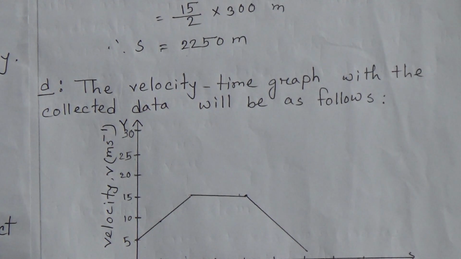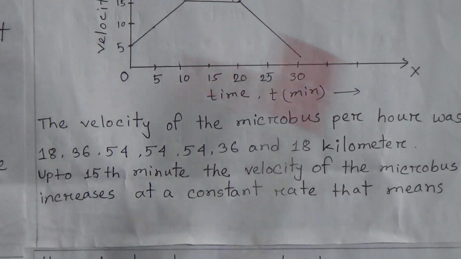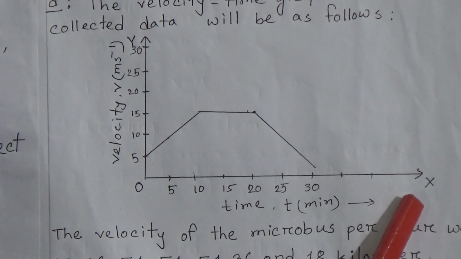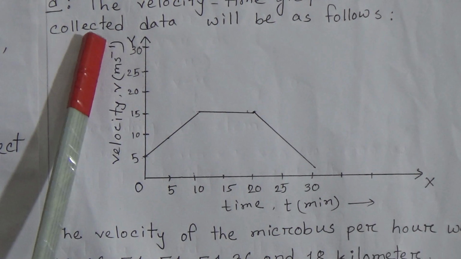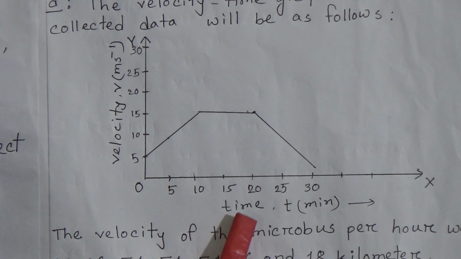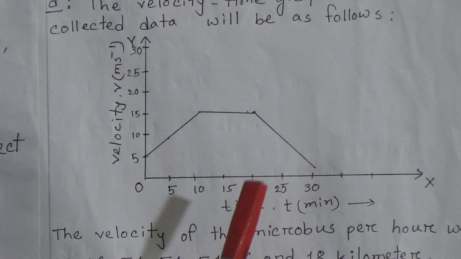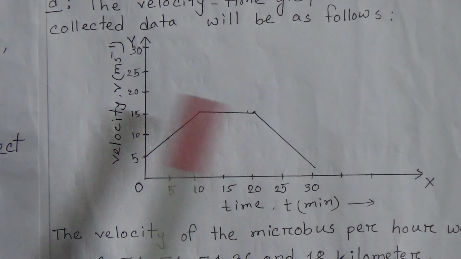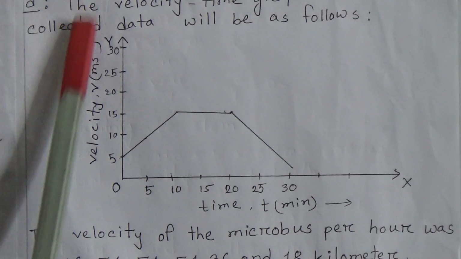Here I have already drawn this graph. This is x-axis, this is y-axis. The x-axis is called abscissa and the y-axis is called ordinate. Always we will take time taken in x-axis and velocity in y-axis.